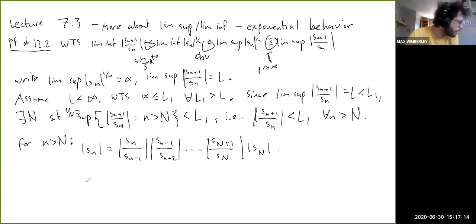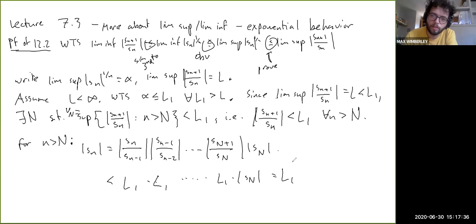And because each of these things is strictly less than L1, this is less than L1 times L1 times, et cetera, times L1 times S N, which is L1 to the n minus N times S N, right?